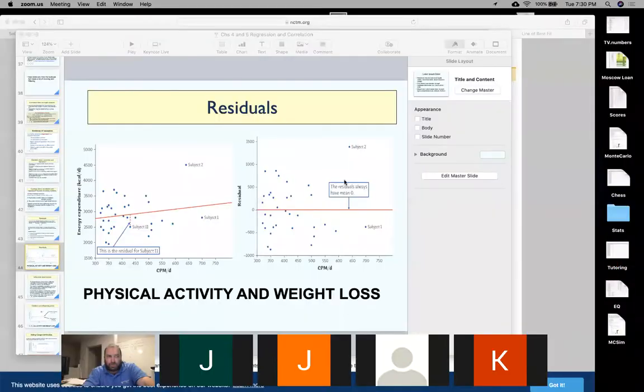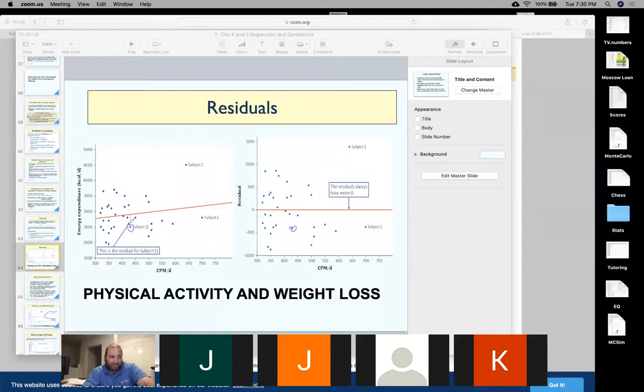So if I go now to the residual plot here, and I look at the same X value, this X value is about 430. So if I go to 430, I should find a residual that has a negative 400 value, and there it is. So this point right here corresponds to this point right here.